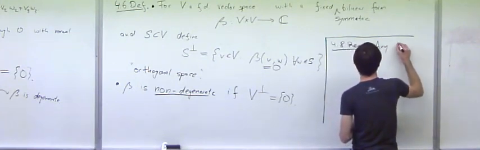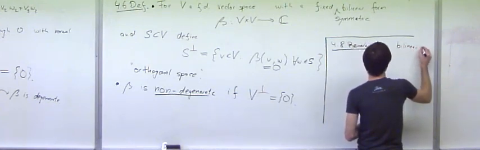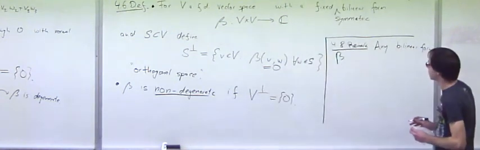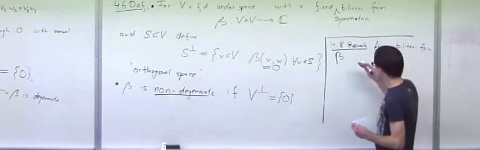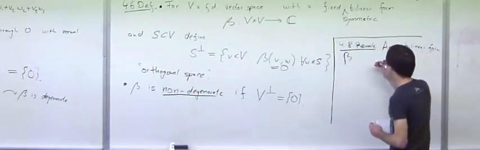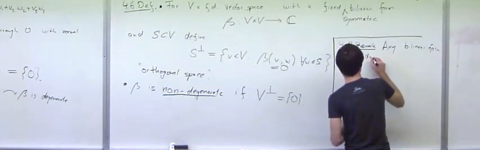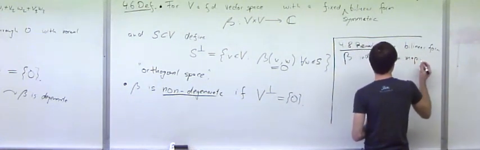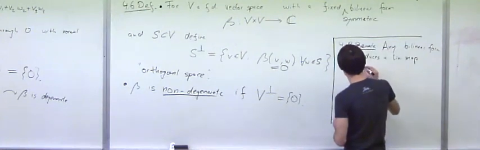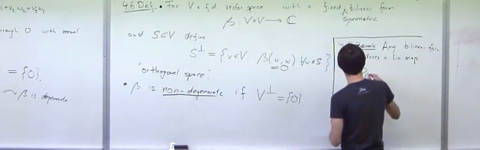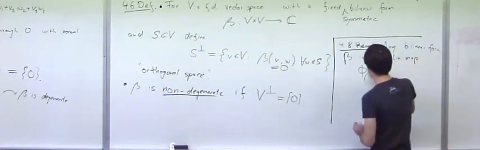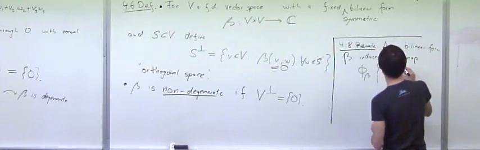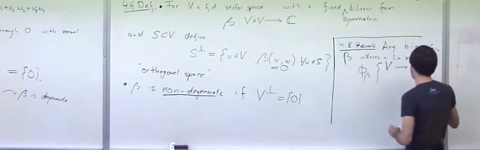Any bilinear form, say beta, for this thing it doesn't even need to be symmetric, but think of a symmetric one, induces a linear map, say capital phi beta, from the vector space to its dual space, so the space of linear forms.